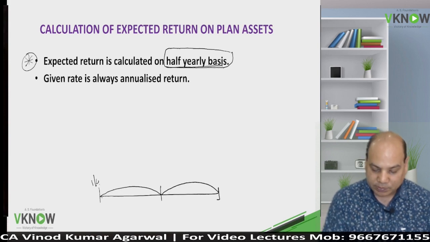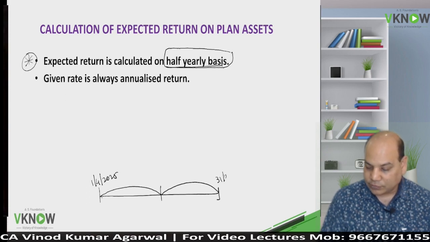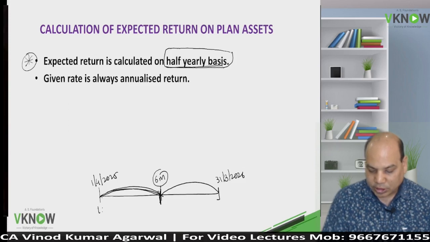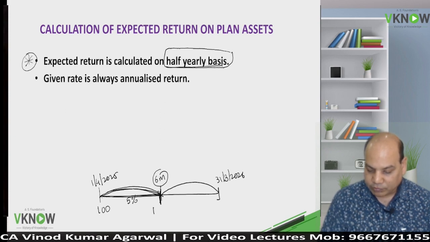Suppose this is 1st April 2025. This is 31st March 2026. So expected return will be first calculated after 6 months. Suppose you have 100 rupees and the expected return for 6 months is 5%. It will become 105.